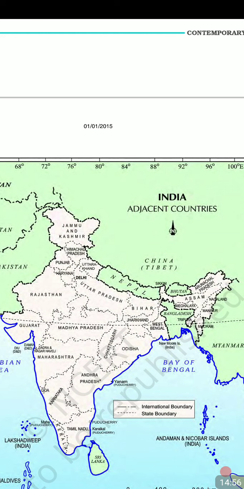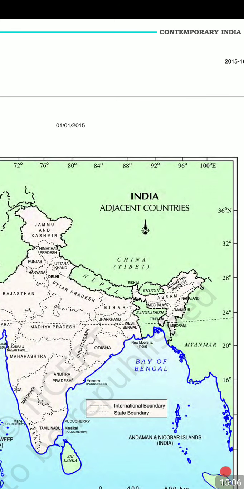So Bangladesh and Nepal both share 5 states. For Bhutan, West Bengal, Sikkim, Assam, and Arunachal, 4 states. And for Myanmar, Arunachal Pradesh, Nagaland, Manipur, and Mizoram, 4 states. So Nepal and Bangladesh both have a tie with 5 states.